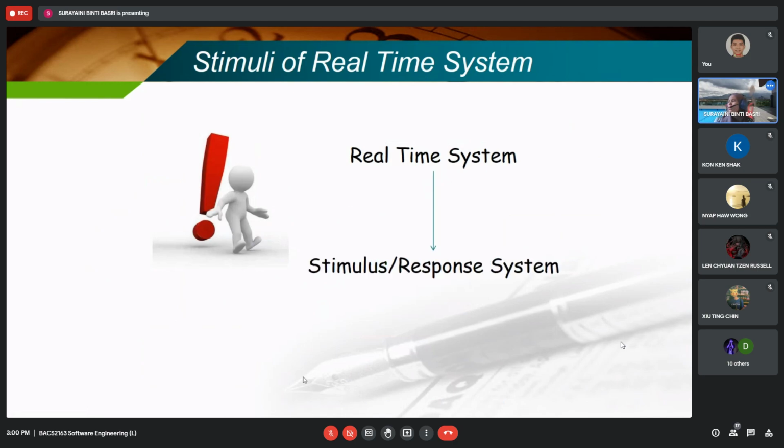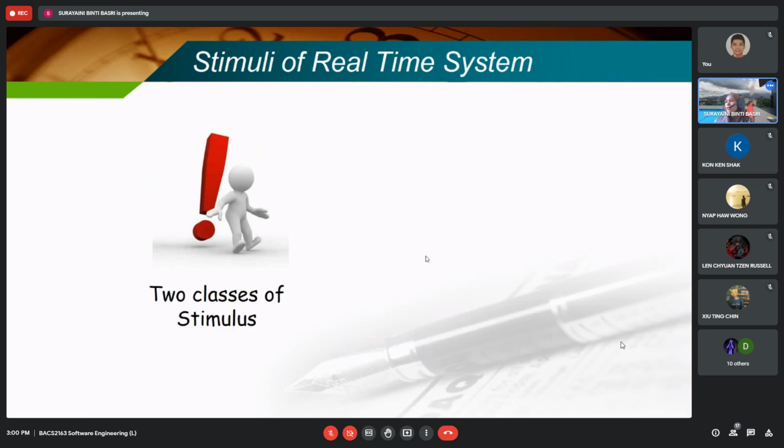Okay, so the real time system will have the stimulus and it also will have the response. If there is any stimulus or trigger, the system must respond to that trigger. So there are two classes of the trigger or the stimulus.